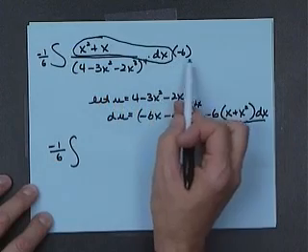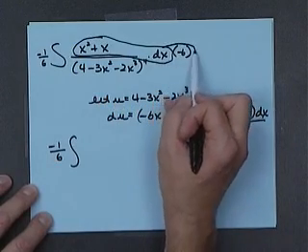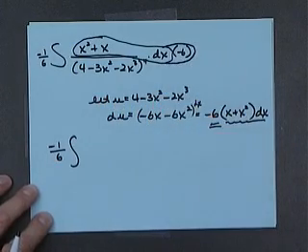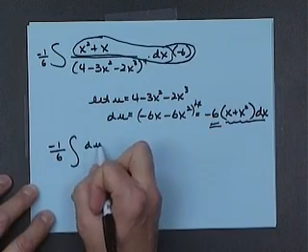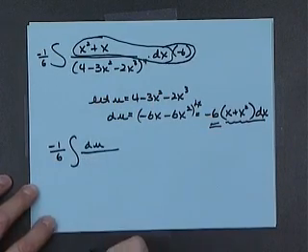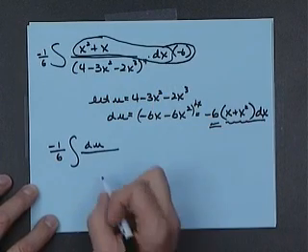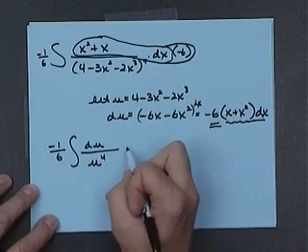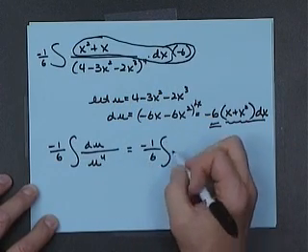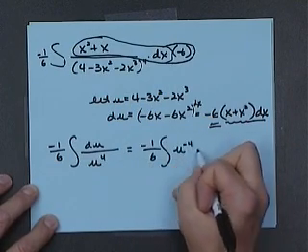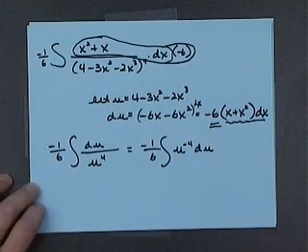So the numerator is what? du. Now that we've got the negative 6, let's gather that in. That is du. And the denominator is u to the 4th. Much easier looking. If you don't like the way that looks, you can say that's u to the negative 4th du.